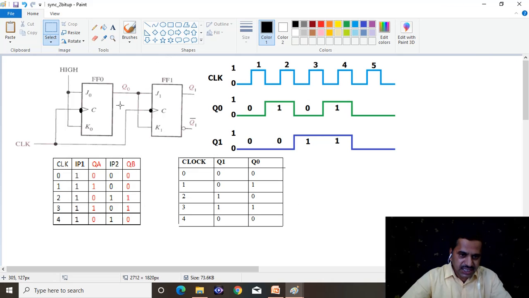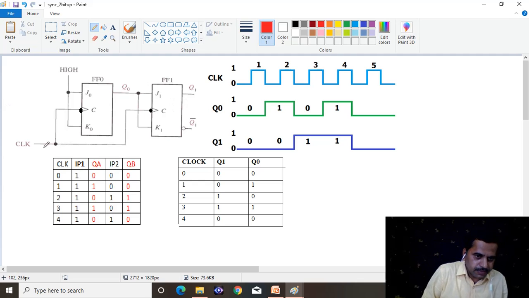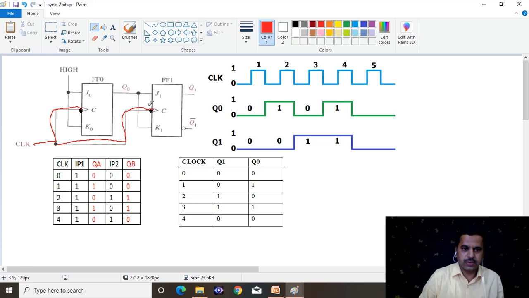So this is the construction. You can see the clock signal is applied simultaneously to all the flip-flops. The bubble indicates this is a falling edge flip-flop. In an asynchronous counter, the clock is applied only to the first flip-flop, and the second flip-flop's clock is driven by the output of the previous flip-flop.